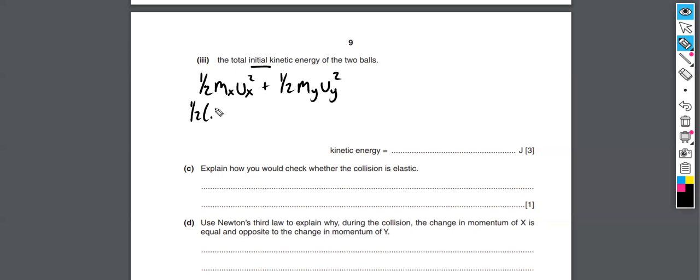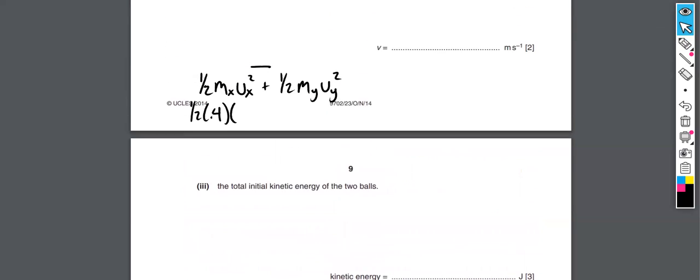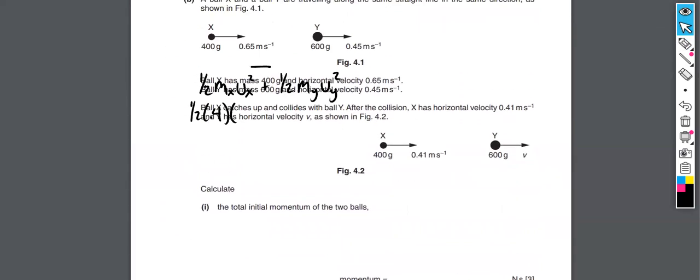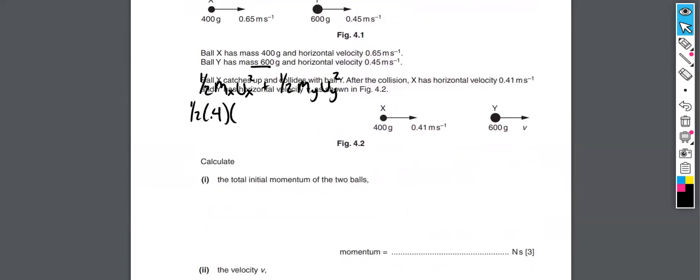So it was 1/2 times 0.4 times, I forget what it was. The initial velocities were 0.65 and 0.45.